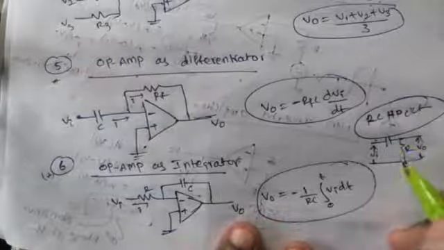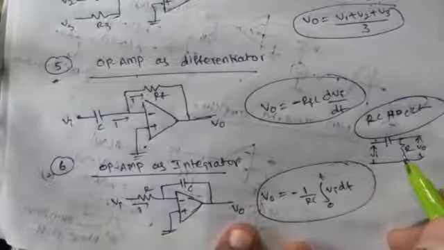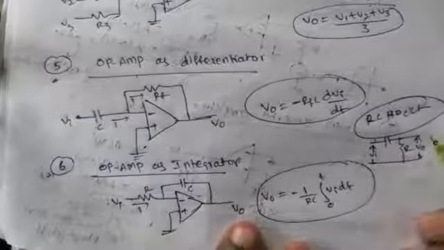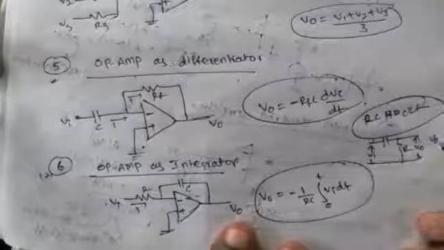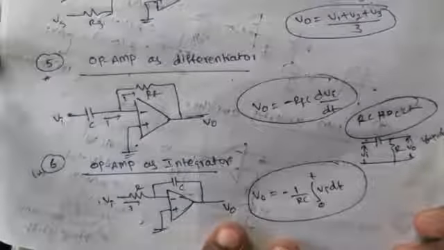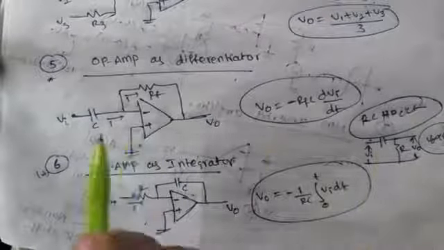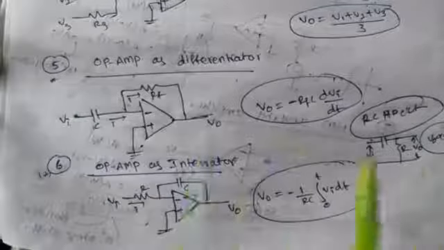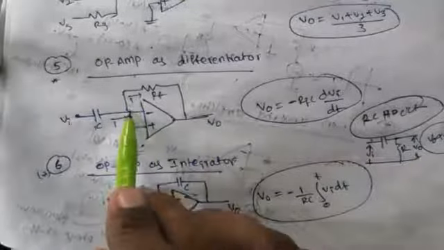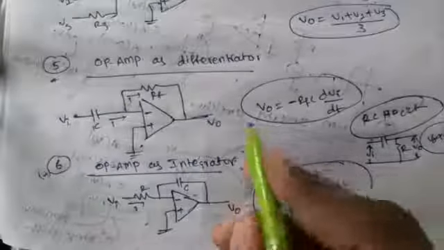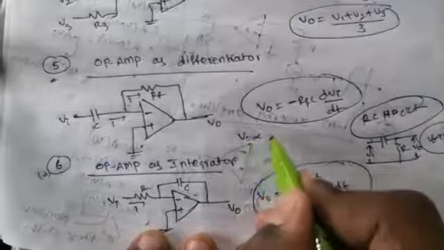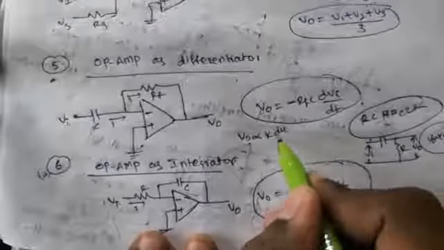Then this circuit is called an RC high pass circuit. The RC high pass circuit acts such that the output is directly proportional to the differential of the input voltage. So the capacitor is connected at the input side and the resistor in the feedback path, and the output voltage is directly proportional to K times dVi by dt.